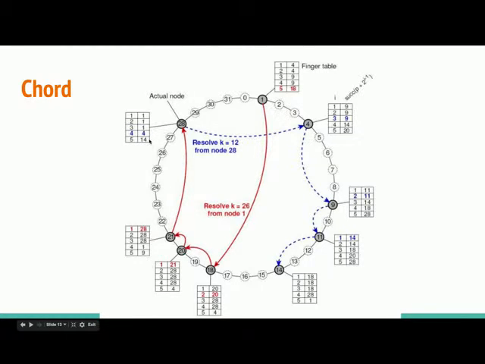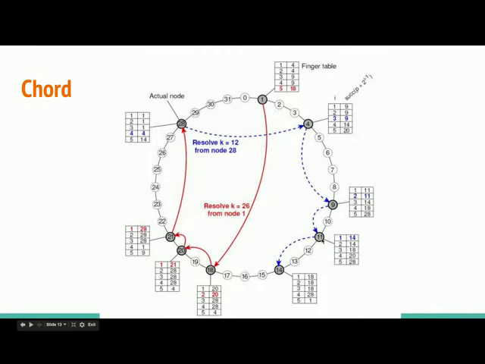In this case, it's 4. So it goes to 4. 4 is going to look in its table to find the largest one that's before 12. In this case, this one, which is 9. So it goes to 9. 9 looks at its table to see the largest one before 12, which is 11, so I'm going to 11.